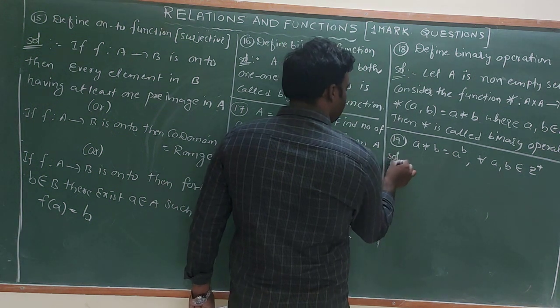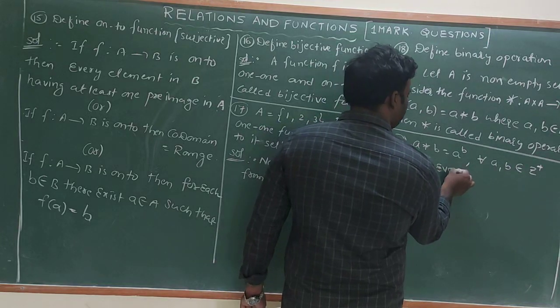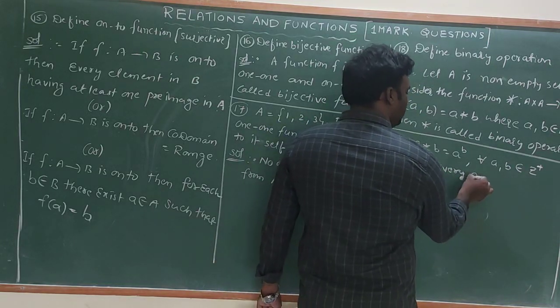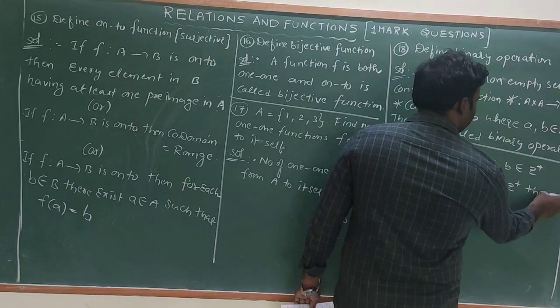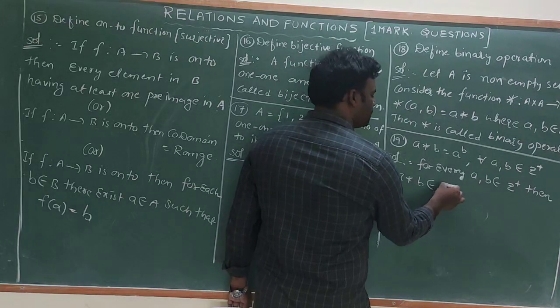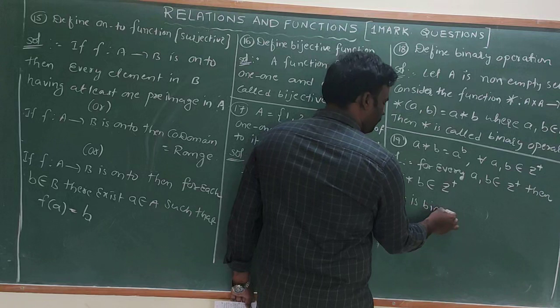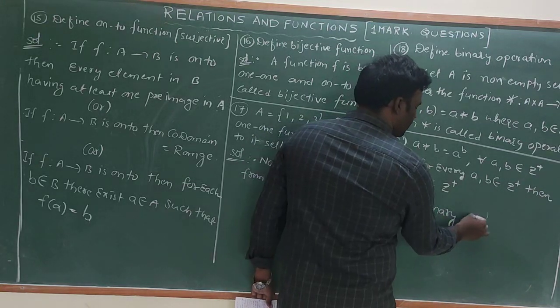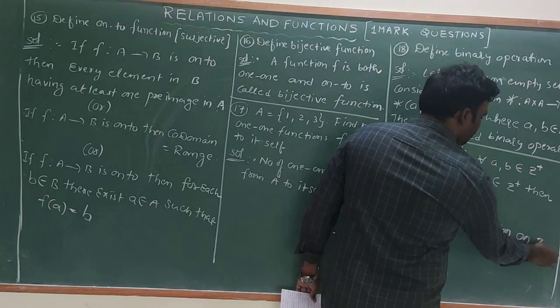Therefore, what we can write: for every A comma B belongs to Z plus, then A star B also belongs to Z plus, then star is binary operation on Z plus.